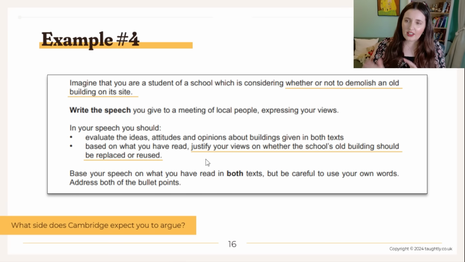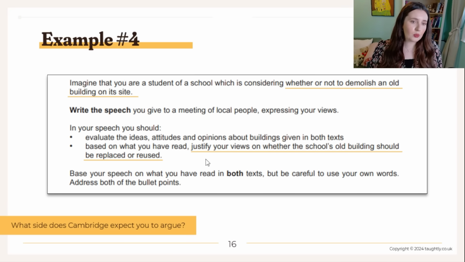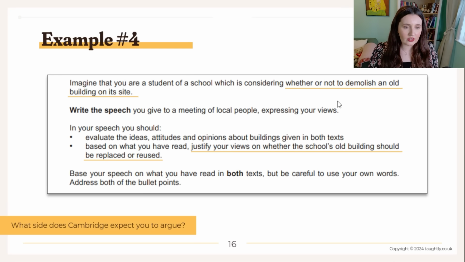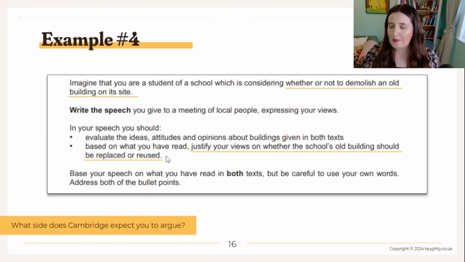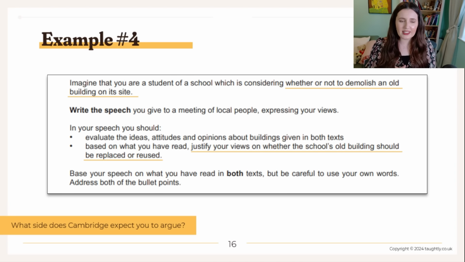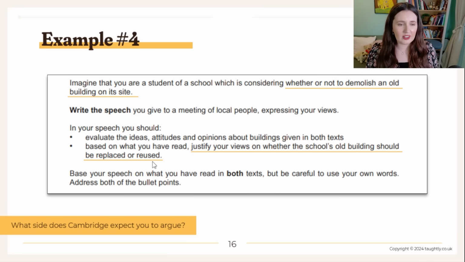So here, there's arguments for and against, right? So it's whether or not to demolish the old building and whether it should be replaced or reused. So keep emphasising these two different perspectives makes me think Cambridge is going to want a more balanced perspective, but they do ultimately want you to make a decision: should it be replaced or reused?